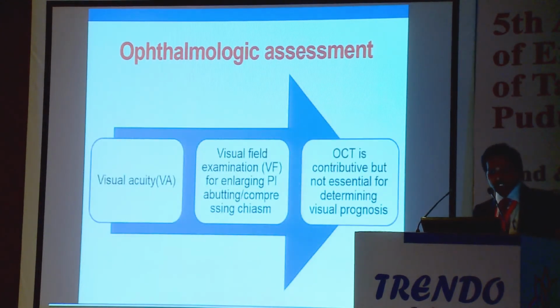Concomitantly, ophthalmological evaluation is to be followed. This is only advised for macroincidentalomas and not for microincidentalomas. Initially you start off with visual acuity testing, followed by visual field charting for those enlarging pituitary incidentalomas which are abutting or compressing the chiasma.